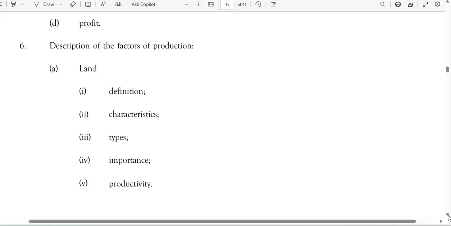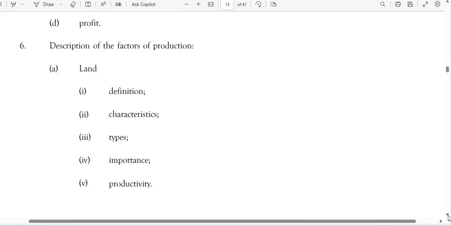Now, what are the characteristics of land? Land is natural, it's not man-made. It is provided freely by nature. Land is fixed in supply, meaning it cannot be increased by human effort. It is immobile. Land cannot be moved from one place to another.